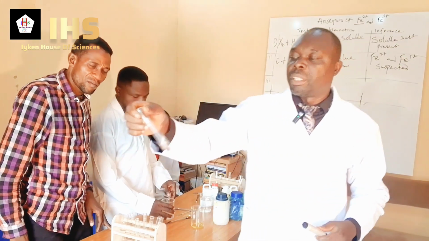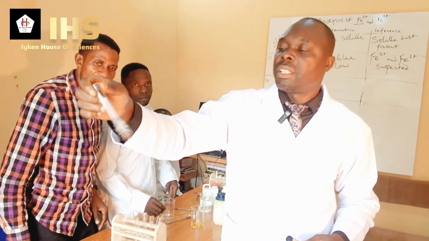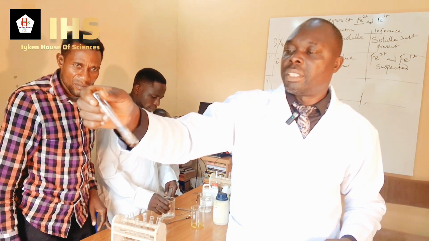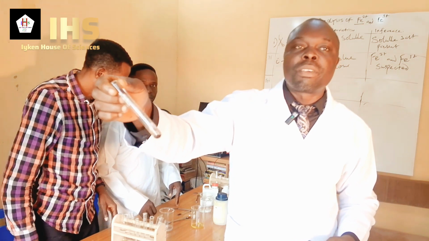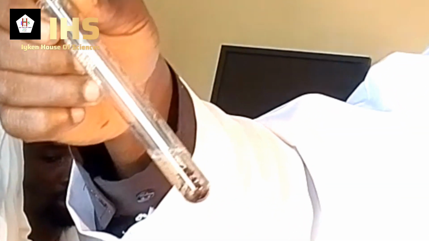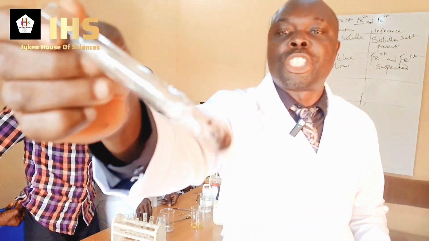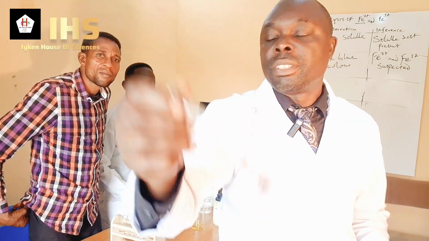This is the color it's giving me. It's giving me the rust color. Dirty, that is brown, reddish brown precipitate. The color is reddish brown.